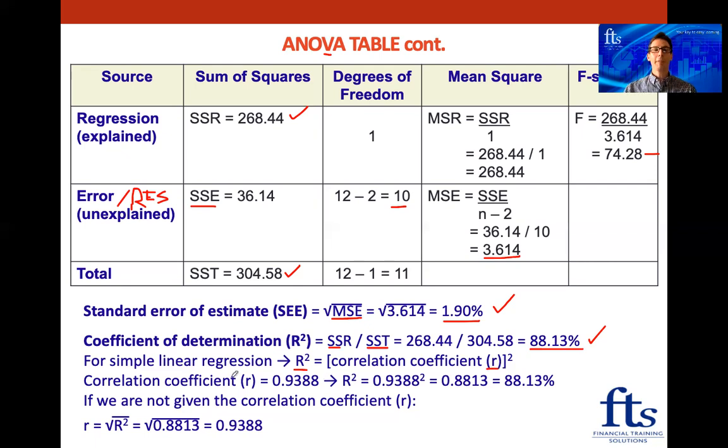So if, for example, they tell us on the exam the correlation between the return on the market and the return on stock B is 0.9388, and they want us to work out the coefficient of determination, all we need to do is square that correlation, and that's going to give us our coefficient of determination.